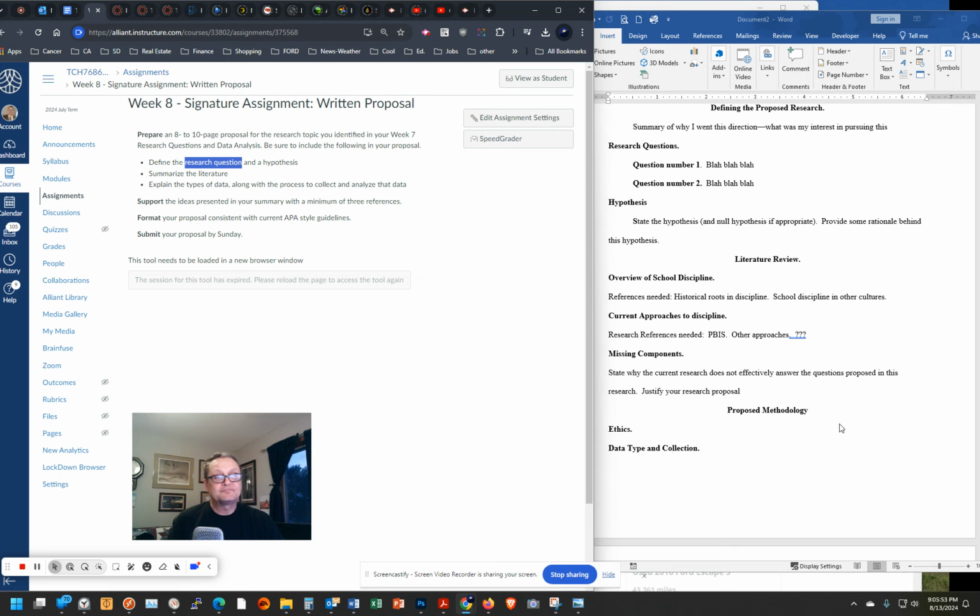Next up, proposed methodology. Start off talking about ethics. What's the ethical approach you need to use in gathering data? In making sure no students are harmed in the kind of research you're proposing, that nobody, no teachers, no staff, no school district, and no students and no families, no parents, nobody is harmed in the course of you conducting this research.